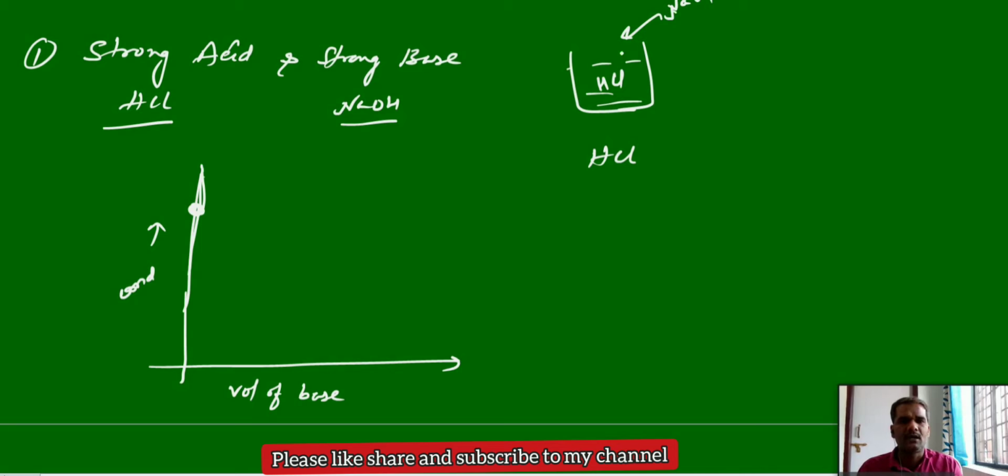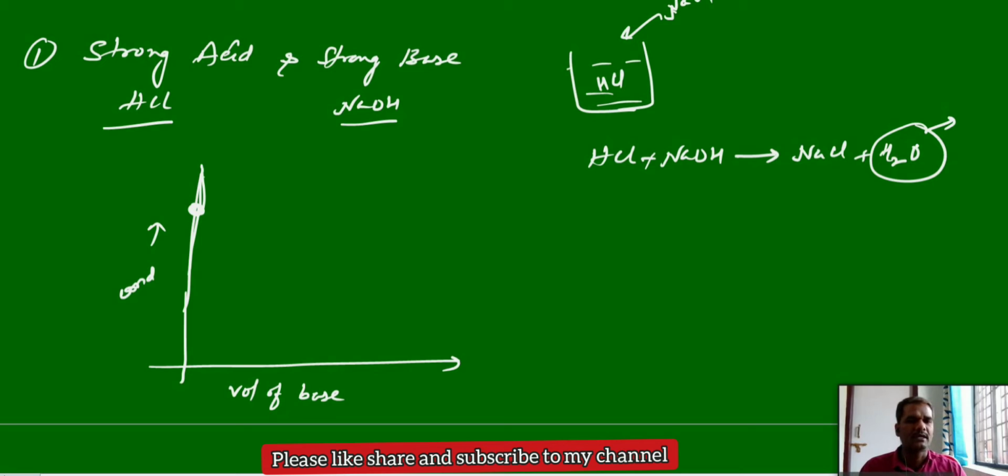Now when you add a small drop of NaOH, it reacts with HCl and forms NaCl and undissociated water. So there is no contribution to the conductance value from H2O, since there is no dissociation. But NaCl dissociates as Na plus and Cl minus.